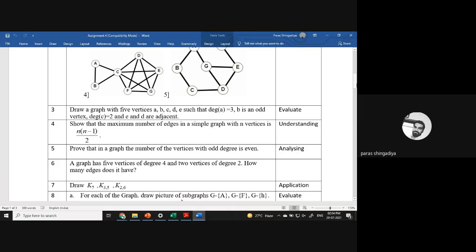We discussed assignment number 4. Till 7. Okay, question number 7 means draw the K7, K35, K26 graph.